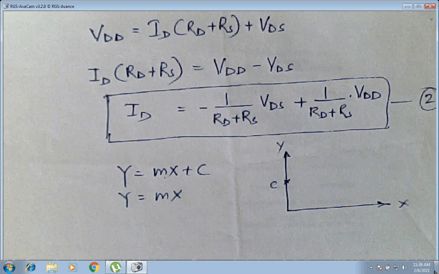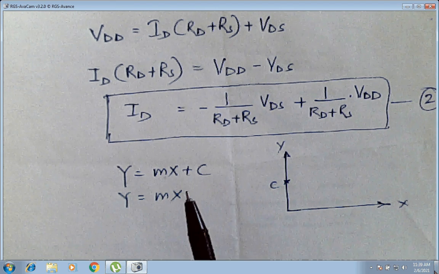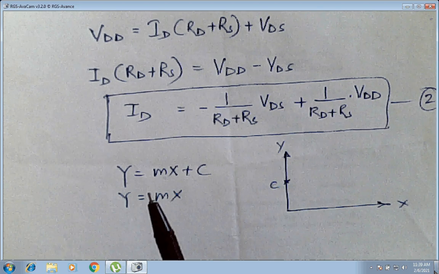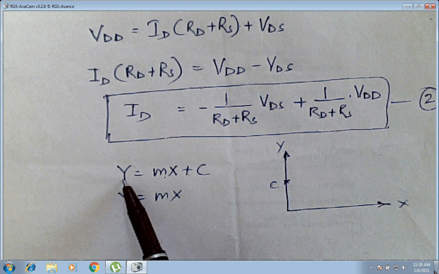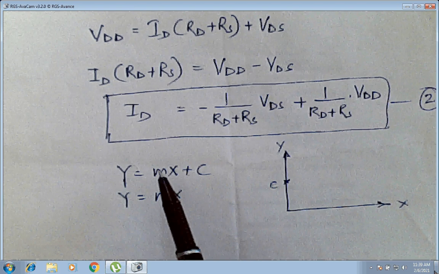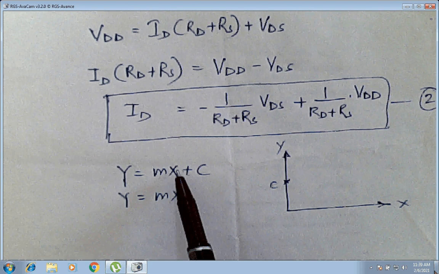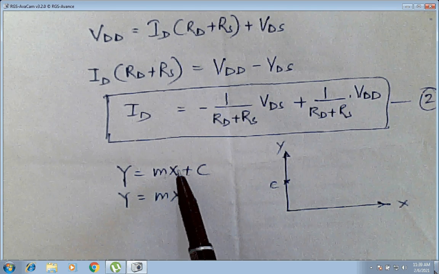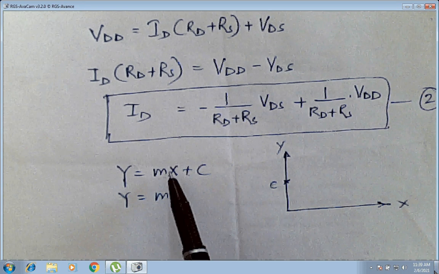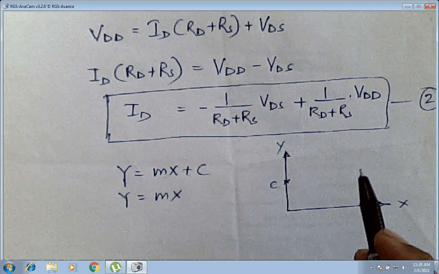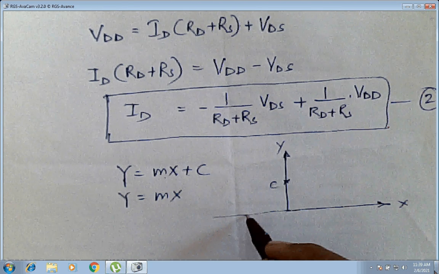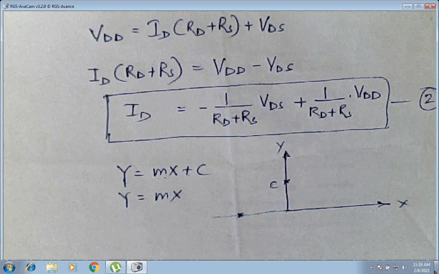Okay, and what if y is equal to 0? If y is equal to 0, then what will x be equal to at that time? It will be minus c upon m. So that point will be somewhere here on the negative side.